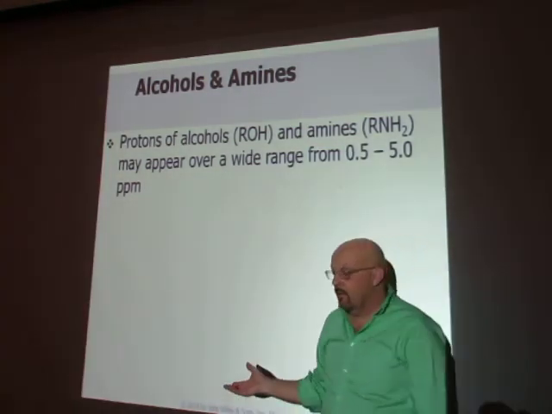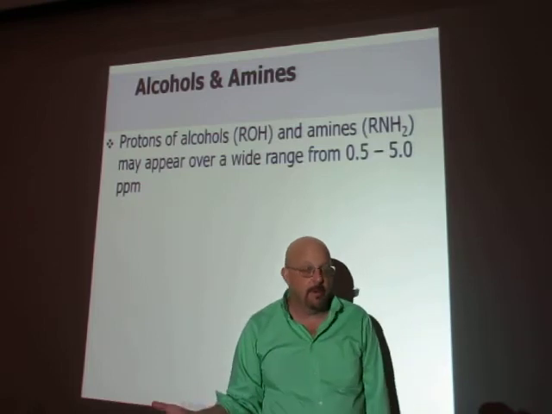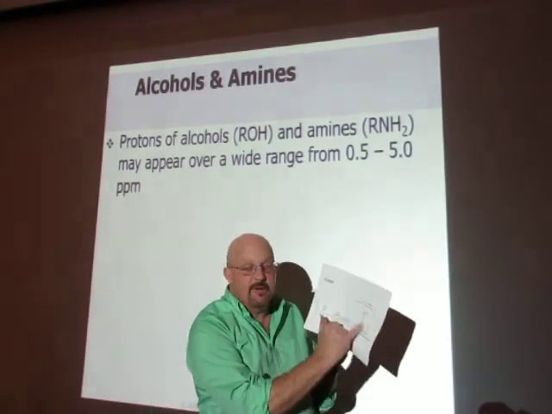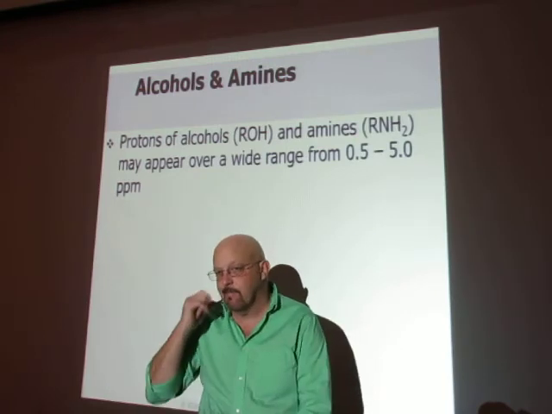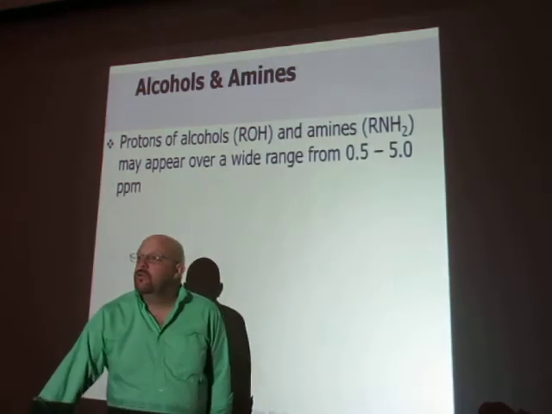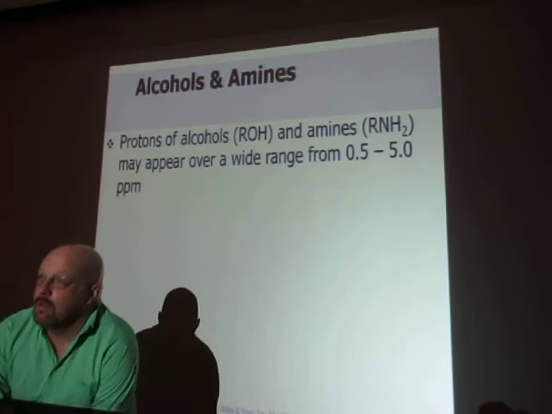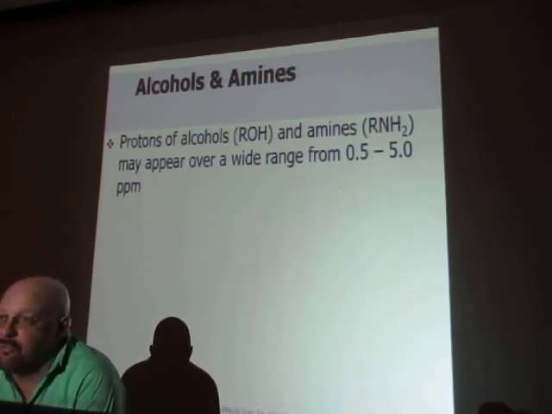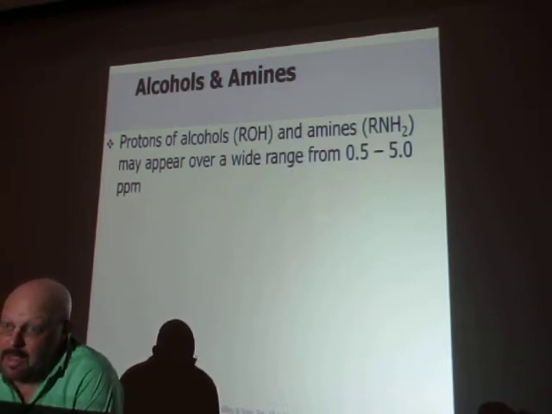Now, you might say, well, that causes me problems, doesn't it? It's over top of all of this other stuff down here. Well, just like in IR, remember the NH and OH in IR is really, really broad because of the hydrogen bonding. The same thing happens in NMR. It's going to be a very broad peak because of that hydrogen bonding.